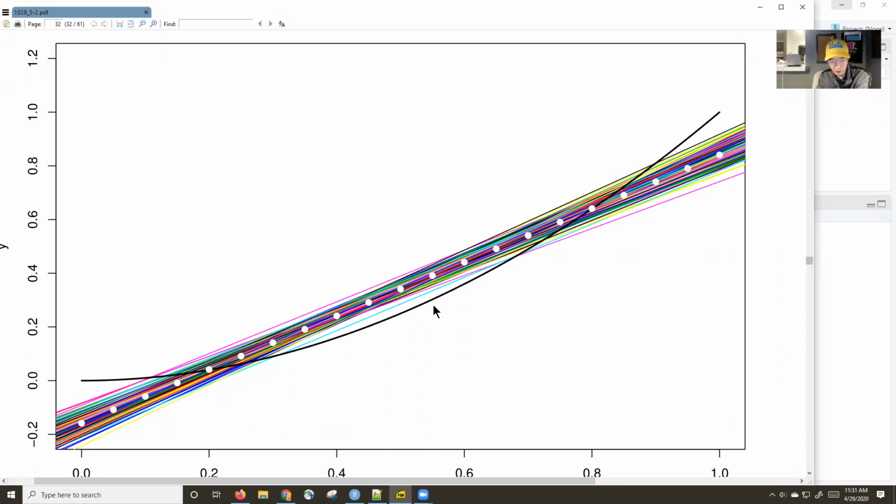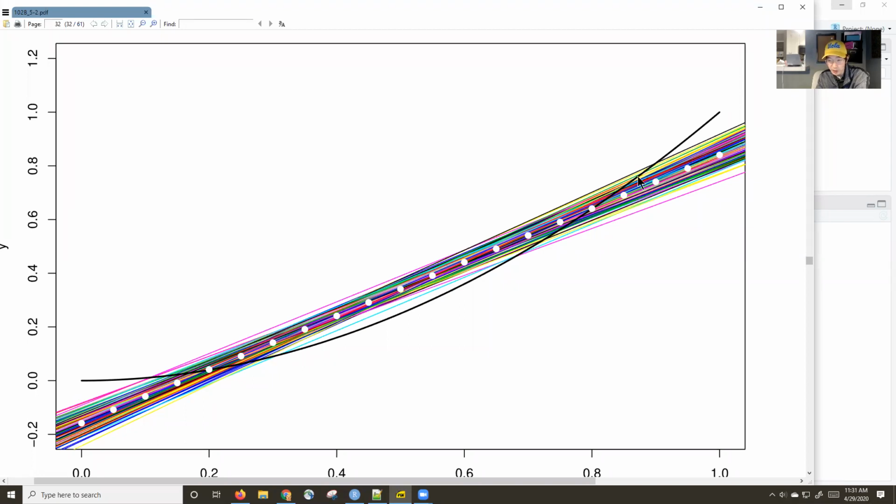For each of those random samples, I fit a different linear model. This rainbow road is all 100 different linear models that we fit.